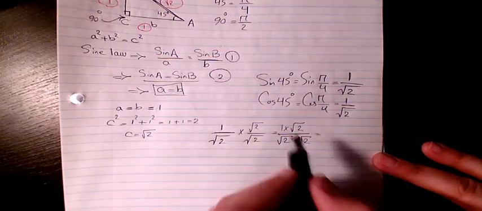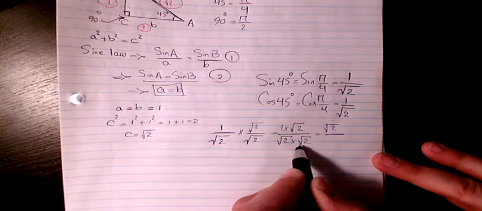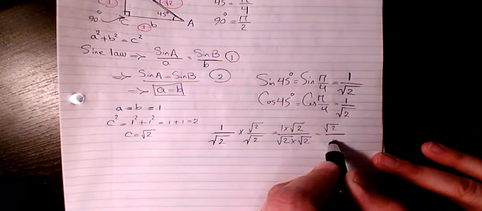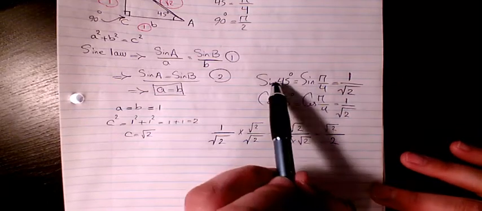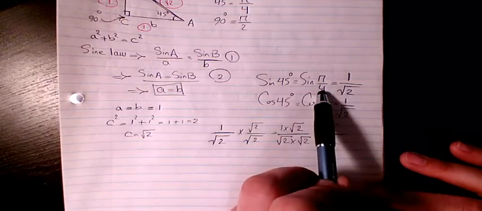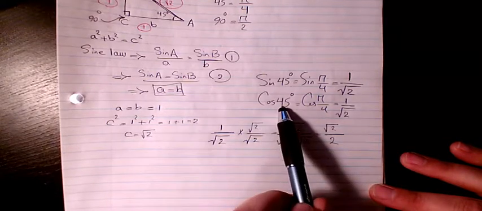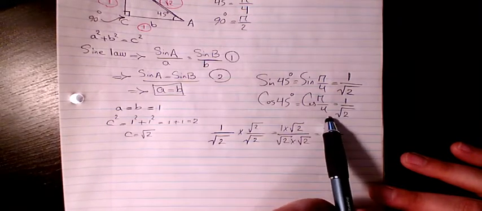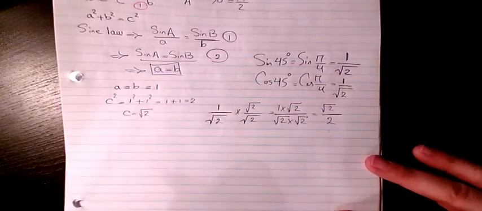So 1 times root 2 is root 2, and root 2 times root 2 is root 4, which equals 2. So sine of 45 or sine of pi over 4 will be equal to root 2 divided by 2, and cosine 45 equals cosine pi over 4 equals root 2 divided by 2.